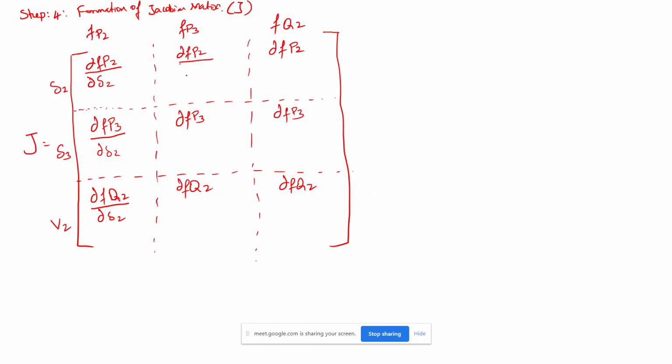Here it is dou del 3, and here dou del 3, and here dou del 3. Then I have taken this for all these 3, and this for all these 3, and this for all these 3. So it will be dou V2 divided by dou V2, and this is also divided by dou V2.